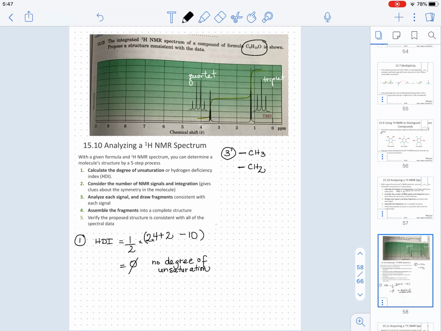Now, taking that into consideration, as you can see, we have an oxygen in the molecule. So for step 4, we know that we have a CH3 and we know that we have a CH2. So we already have 4 carbons in the system, so that will take care of 2. Now, knowing that we don't have any unsaturation in the system, the oxygen atom needs to be single bonded to these carbons.